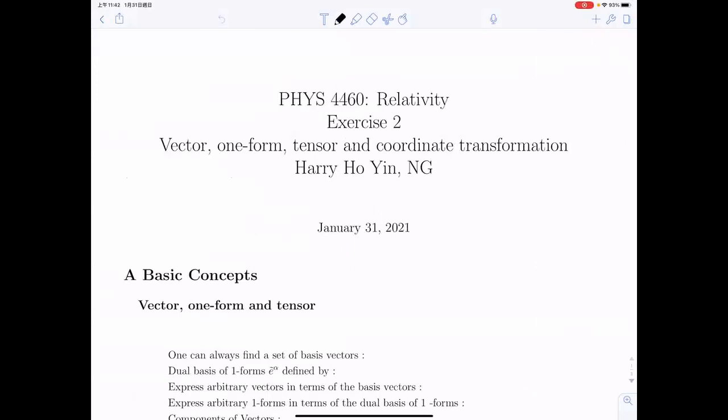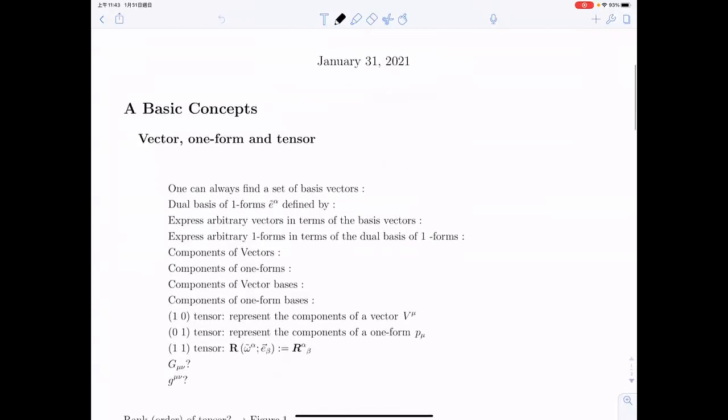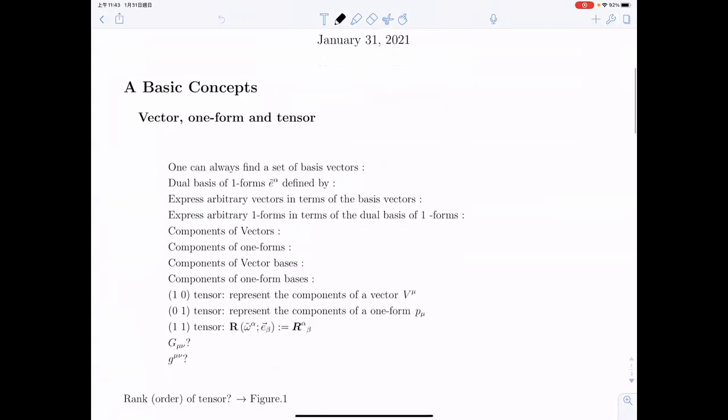Today I will introduce what a vector is, what one-forms and tensors are, and give a brief concept of coordinate transformation. This exercise class involves different short questions.